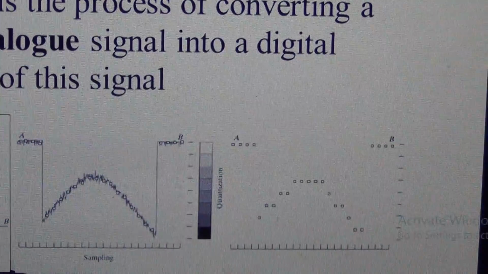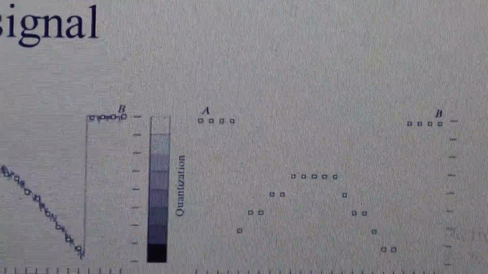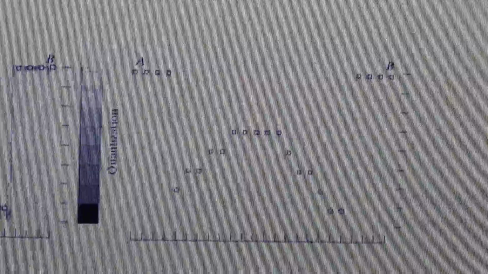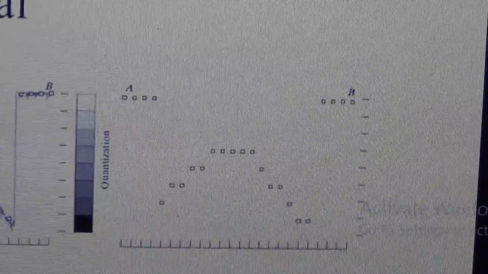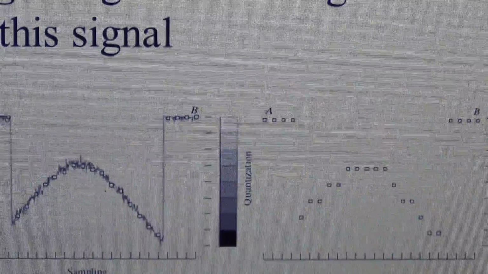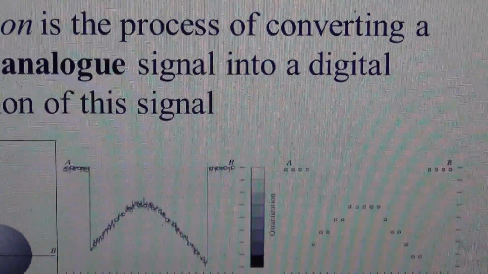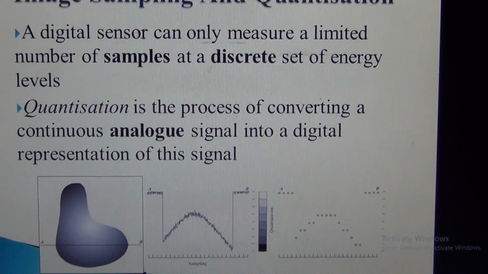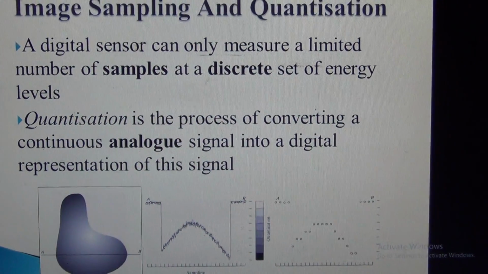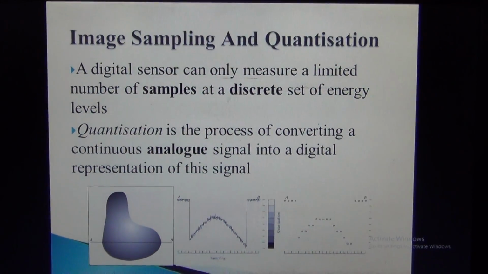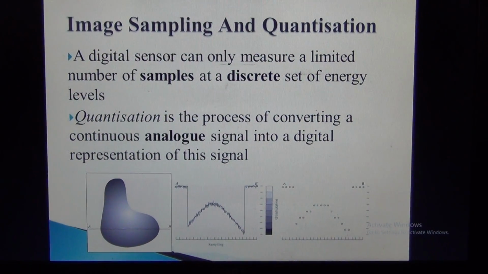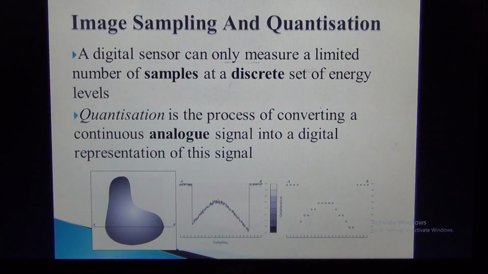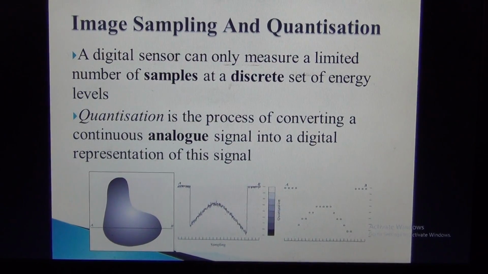In order to form a digital function, the intensity values also must be converted into discrete quantities, that is the gray level or the intensity of white or black color in an image. The vertical tick marks as shown in this plot indicate the specific values assigned to each of the 8 intensity intervals. The continuous intensity levels are quantized by assigning one of the 8 values to each sample.